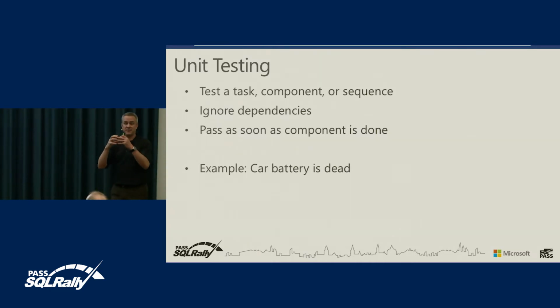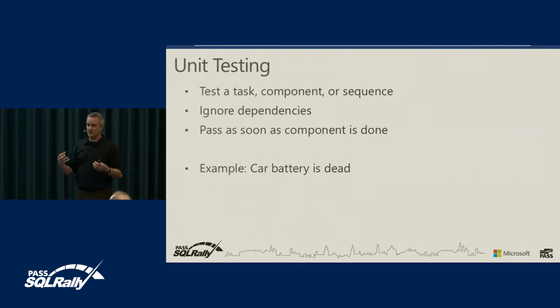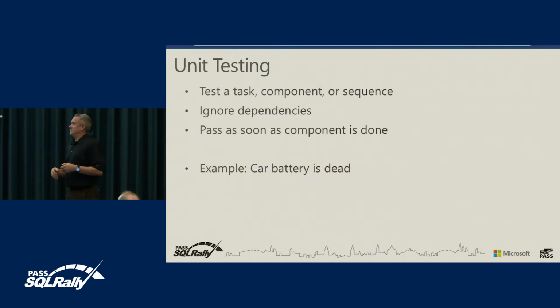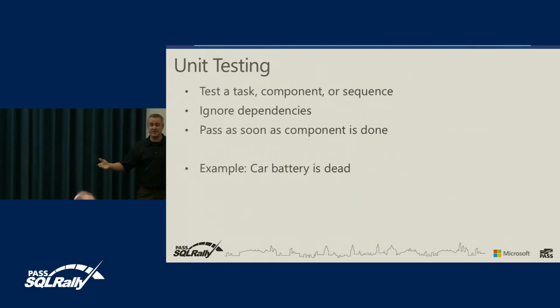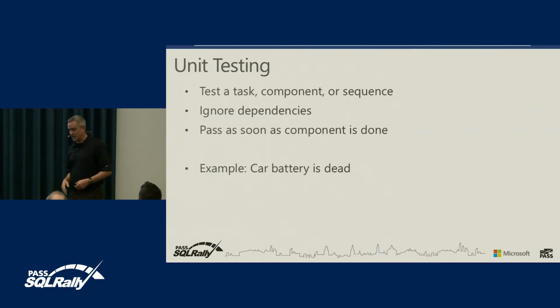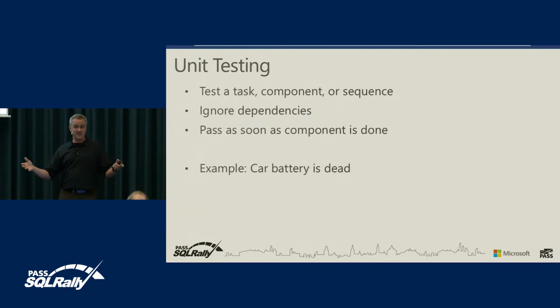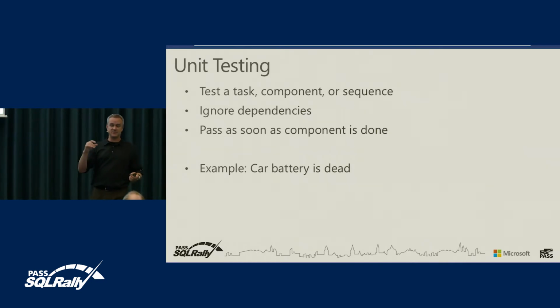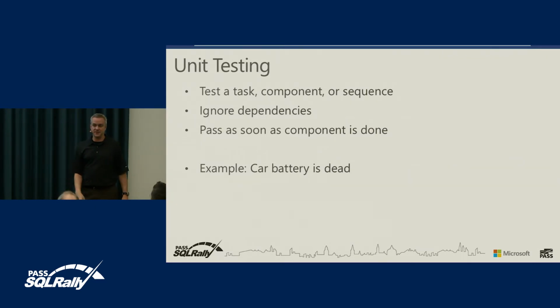I'm just testing that piece, and it doesn't matter how it affects the rest of the package, right? That's what I would call unit testing. An example of that would be, let's say we test our car to see if it runs, and the car battery's dead, so it doesn't work. Now, that doesn't necessarily guarantee that the car is going to start, right? Because that's just a piece of the system, so I'm not testing all the pieces. That's what I consider a unit test.